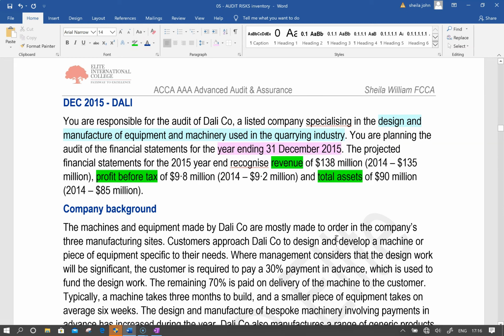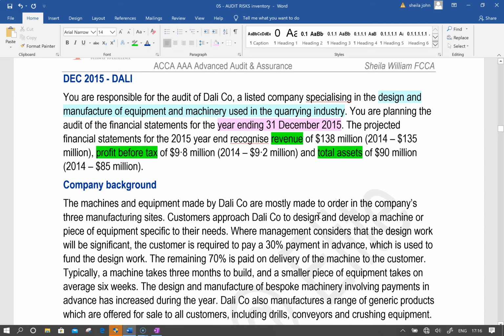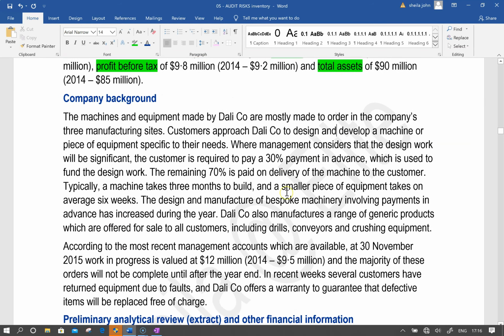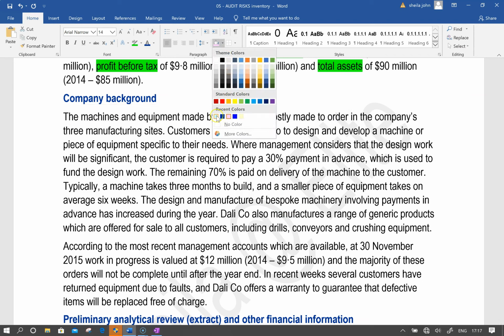And if we're dealing with inventory, the important figure here would be total assets. The question says, machines and equipment made by DALI are mostly made to order in the company's 3 manufacturing sites. So we've got a very important point here, and that is the machines and equipment made by DALI are mostly made to order. So what does that mean?